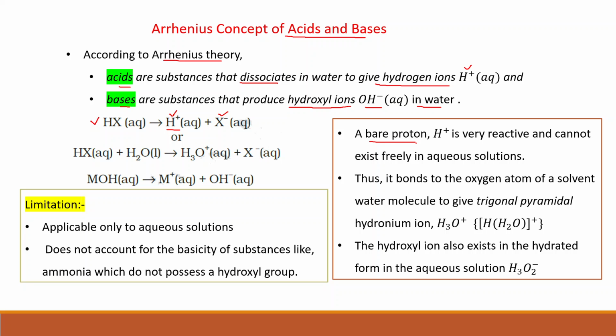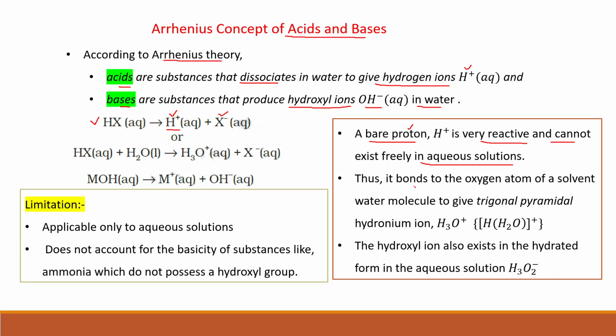H+ is formed from the hydrogen atom. In hydrogen, in the nucleus there is one proton and there is one electron around the nucleus. When this electron is removed, we get the hydrogen ion, so this hydrogen ion is only a proton. It is very reactive and cannot exist freely in aqueous solutions.